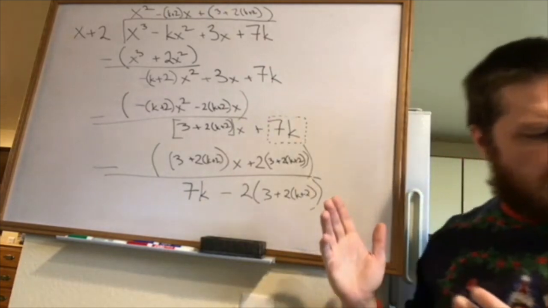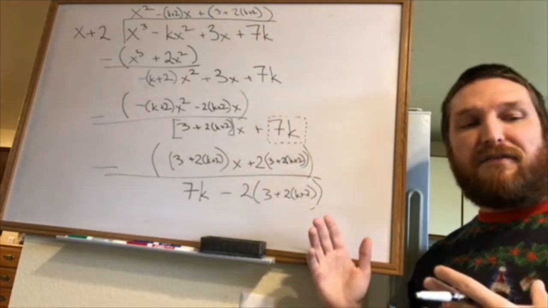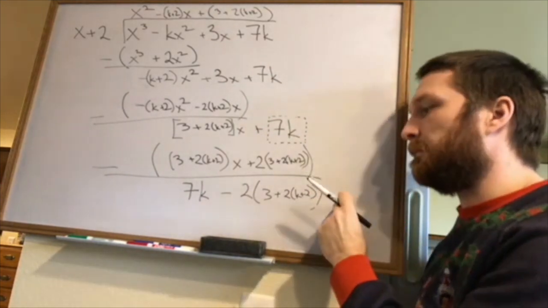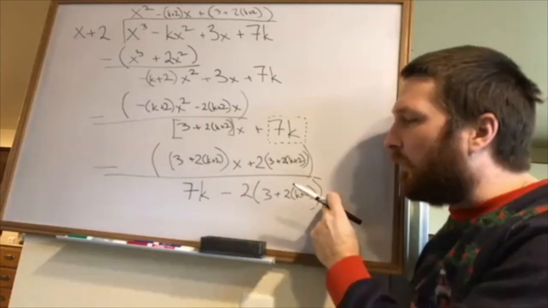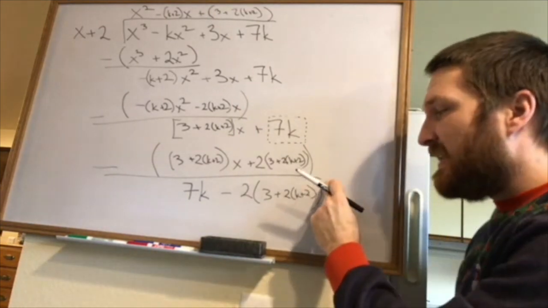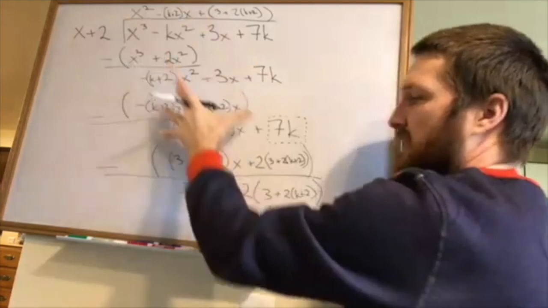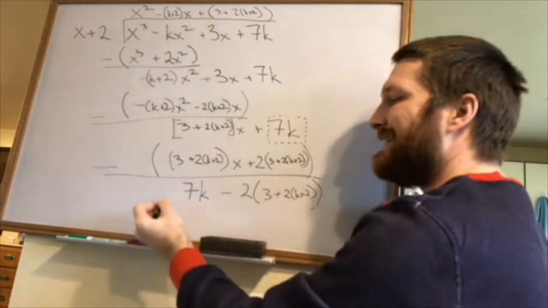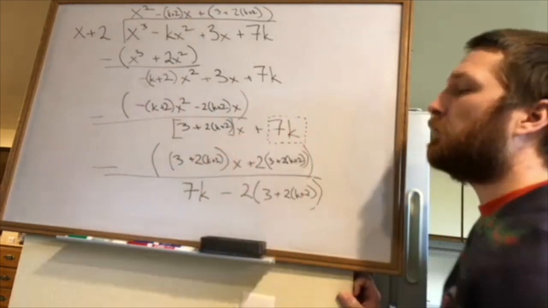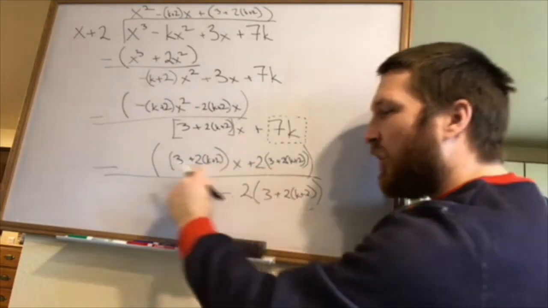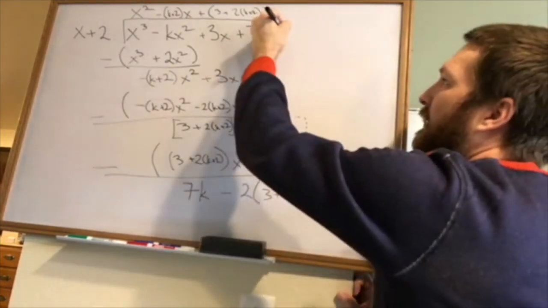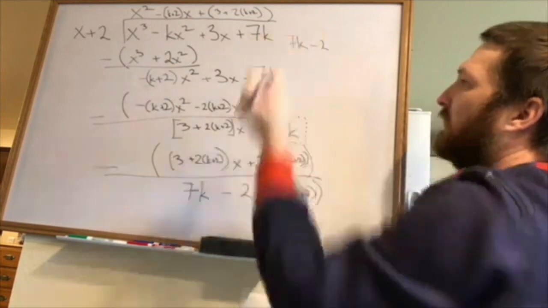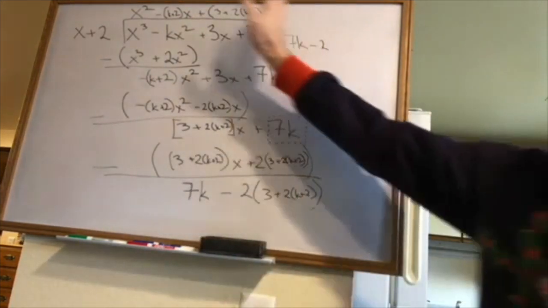What did the question say? Oh, find the value of k which makes this remainder 0. So now we're at the very last part. We could just say, so I've done all this stuff and I've ended up with some number, and it would be nice if that remainder were equal to 0. So I'm just going to take all of this stuff right here, 7k minus, can I erase the top part here?